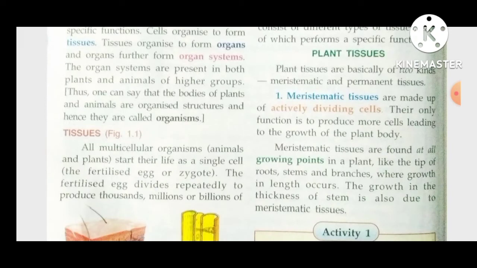We human beings also started our life as one cell. Then that one cell divided repeatedly and produced more cells. One cell today, the next day 5 cells, the third day 100, 200, 300, 400, 500, and it continues.